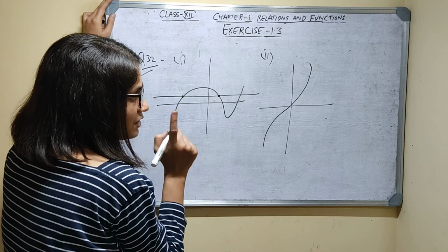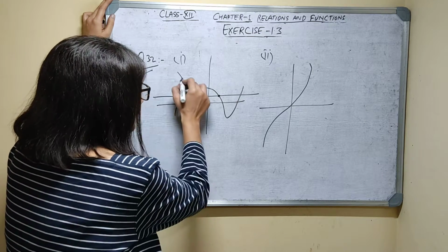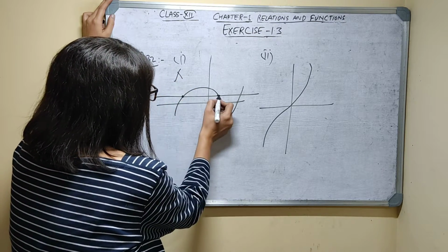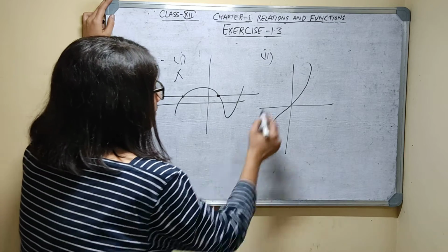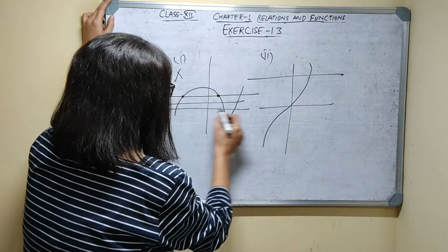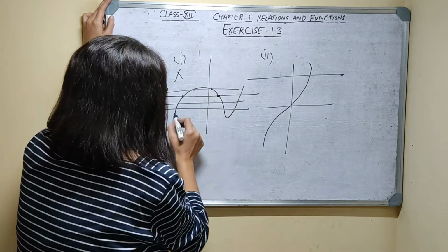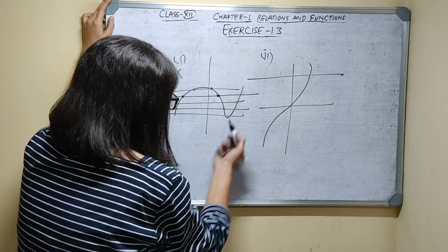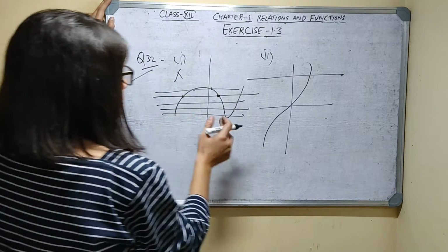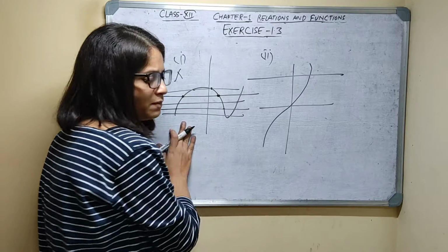If it intersects more than once, it's not a 1-1 function. Here you can see it's intersecting twice, and everywhere it is intersecting two times, so it is not possible.